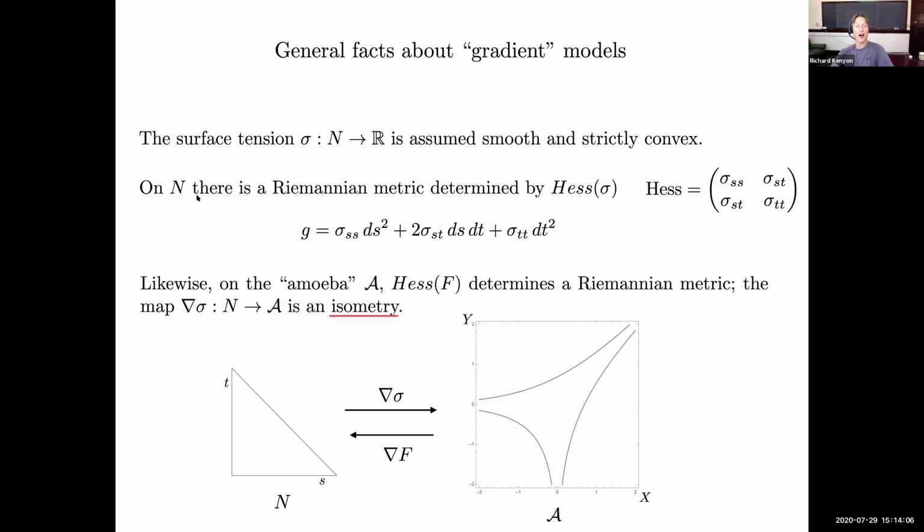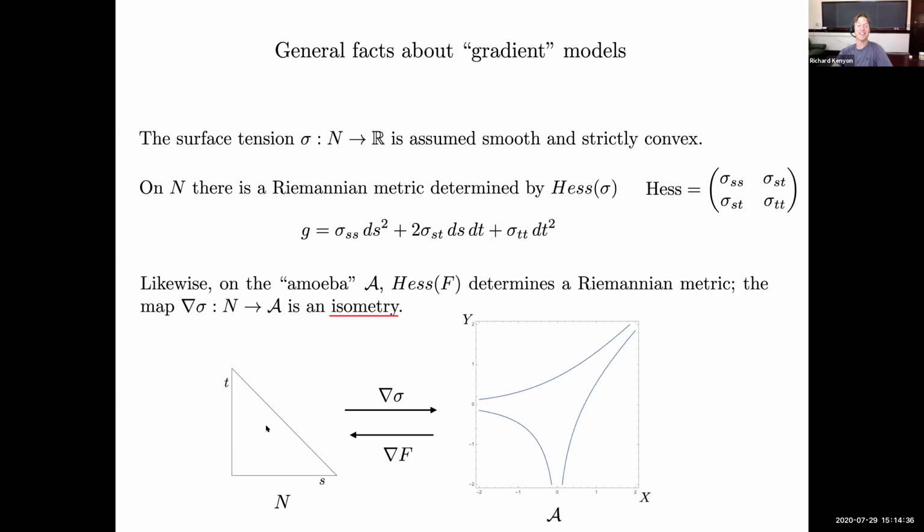Right, so on n we define this Riemannian metric over here, but we can push that metric over under the map gradient sigma to this side, and it gives you a metric on the interior of this set here, A, the amoeba, which, if you like, you can define just from the Hessian of the function f. Over here, I can use the Hessian of the function f. Over there, I can use the Hessian of the function sigma, and those define, in fact, the same metric.